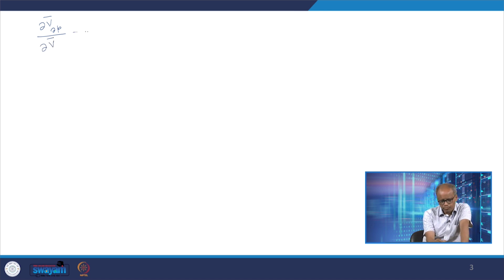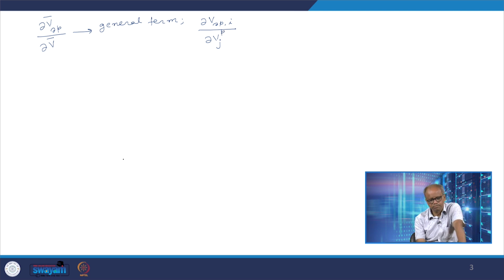So the general term would be del v specified I by del v j p, where I is equal to 1 to m, j is equal to 1 to n, and p is equal to a, b, c.